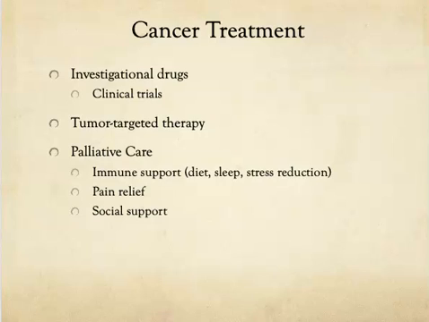And of course, plenty of social support. The ability to become part of a support group, for example, of patients that are also suffering with cancer. The ability to talk to psychotherapists about the stresses involved in going through cancer.